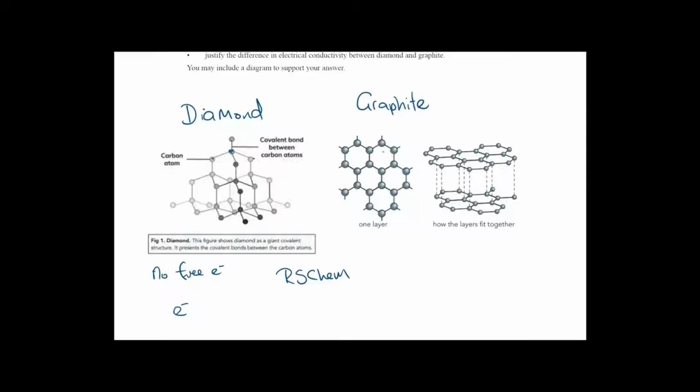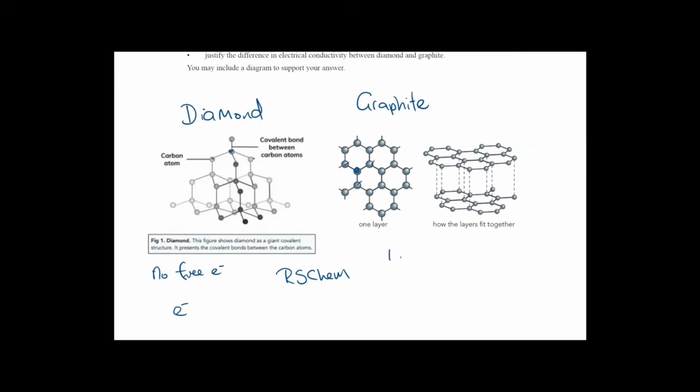Let's look at graphite though. It has this sort of honeycomb hexagonal layer, and they're bound together by van der Waals forces. Each carbon atom has 3 neighbors.